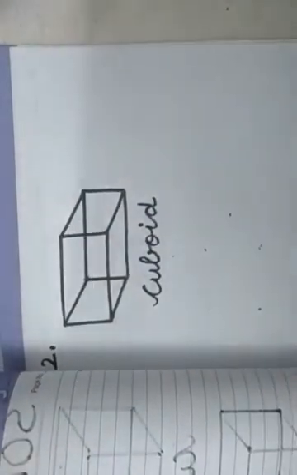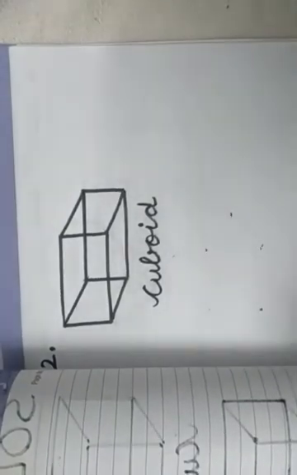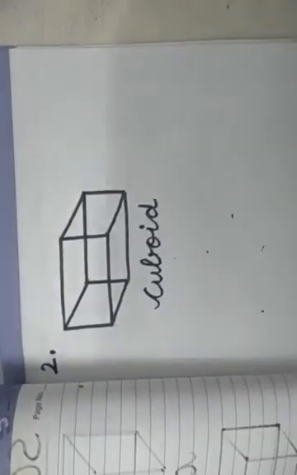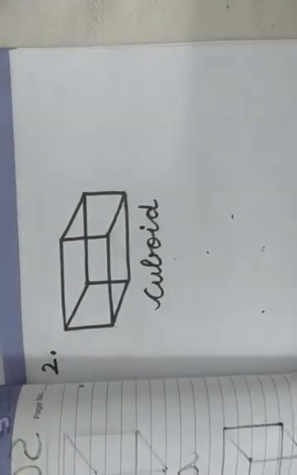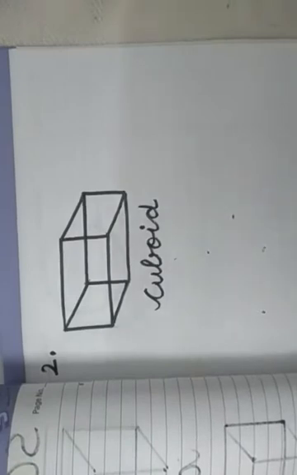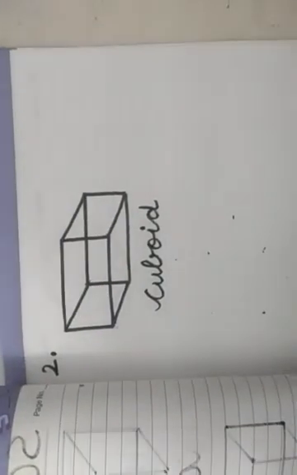Now again I will tell you the method to draw a cuboid. You have to use the same method as in the cube, where we drew a square because a cube is formed by joining two squares like this. A cuboid is formed by joining two rectangles.